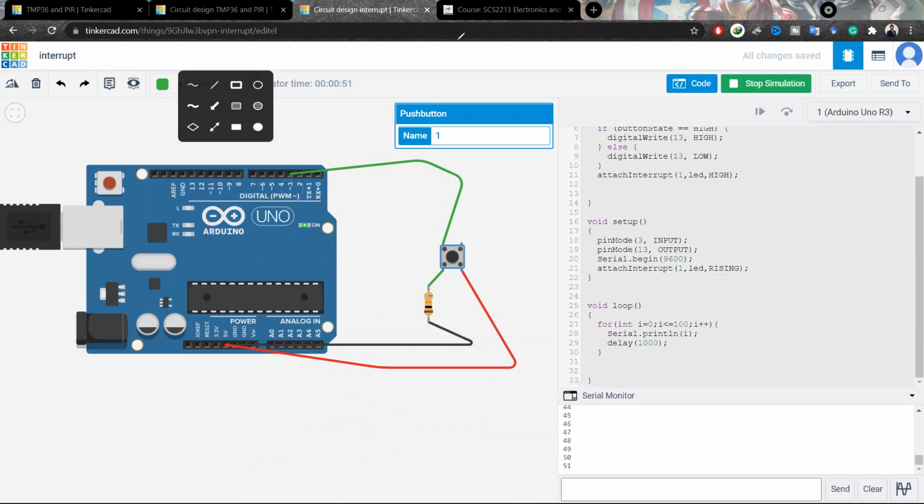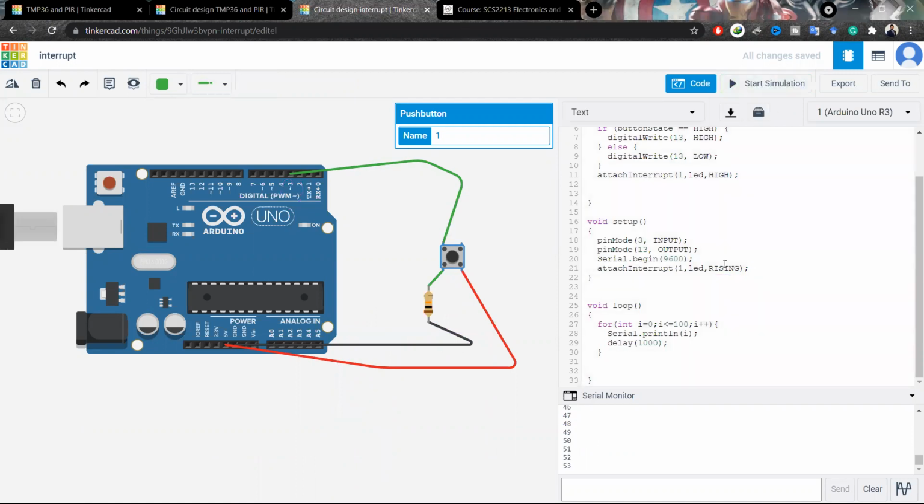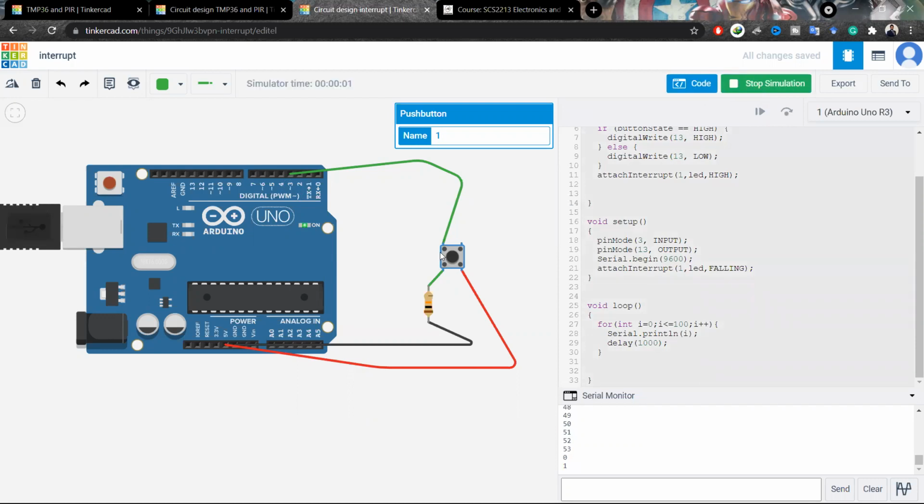Also, we can use falling as well. We can't see that difference, but inside, if I press this button and put falling here, the execution occurs only at this point.